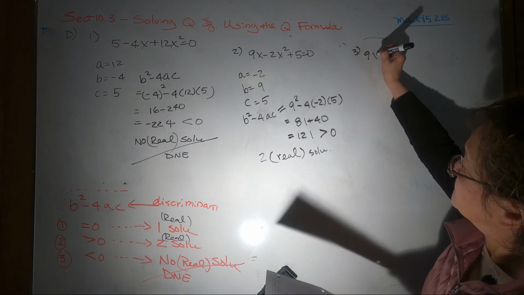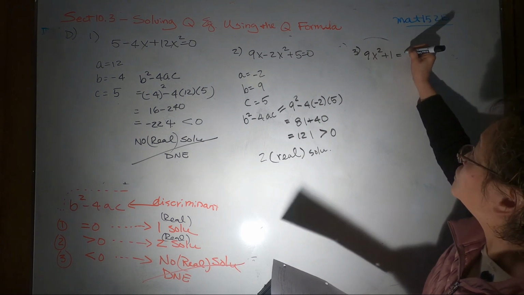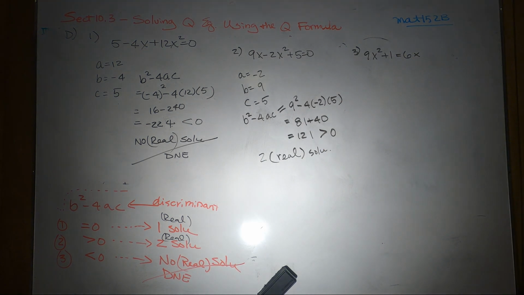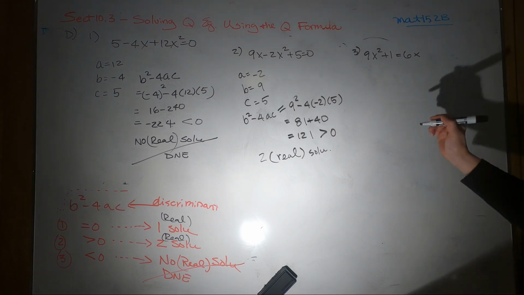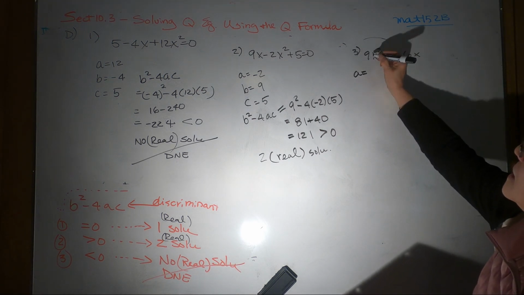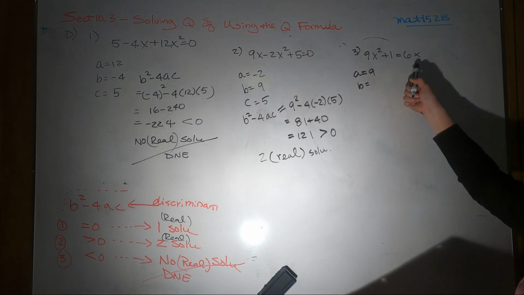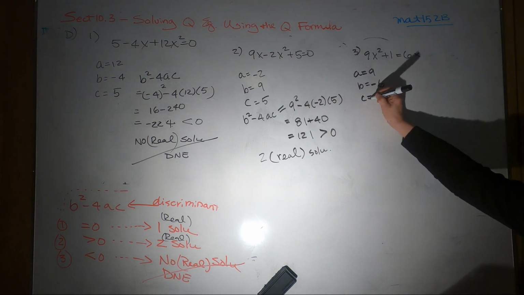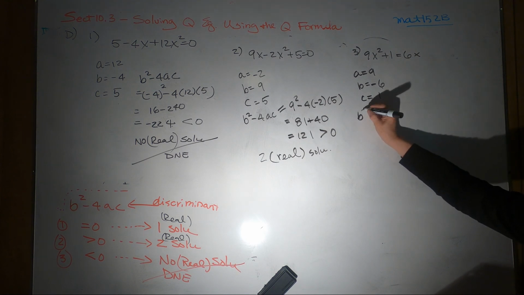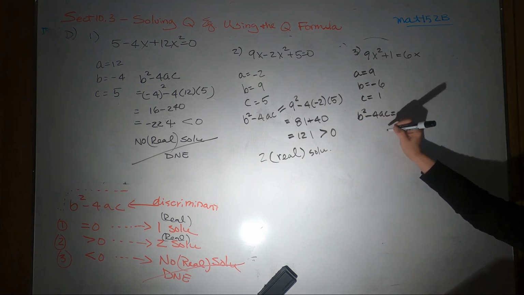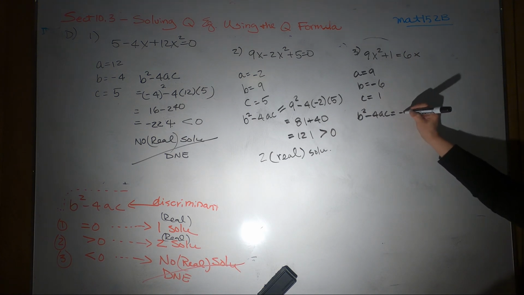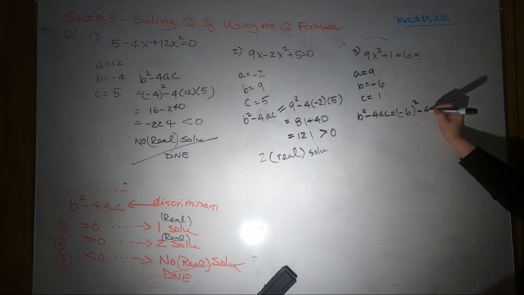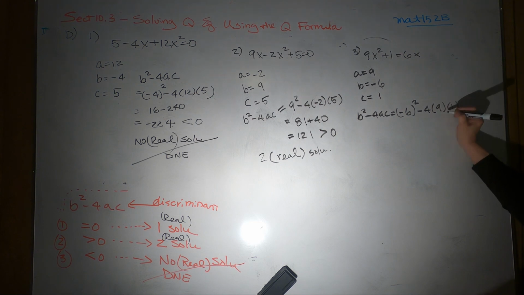So we are deciding what kind of solutions we might have for a quadratic equation, right? Writing in standard form, what's your a? That would be 9. What's your b? If you move it here, it would be -6, right? So you write in standard form to see it first. What's your c? 1. So b squared minus 4ac, the discriminant, would be -6 squared minus 4ac, right?